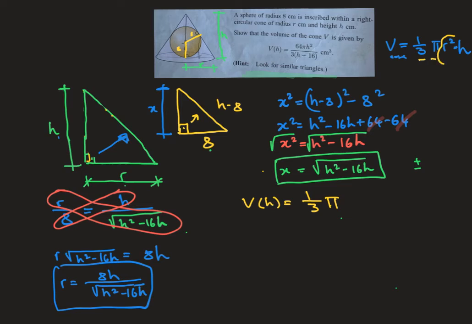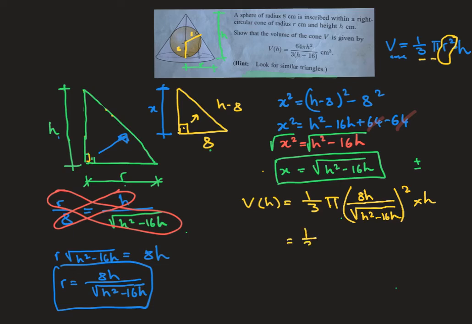Now r, we're going to use this r. So we need r here. So we're going to use this one there. Let's go back to the column. And now replacing r is 8h over the square root of h to the power of 2 take away 16h. Don't forget everything to the power of 2 and then times h.